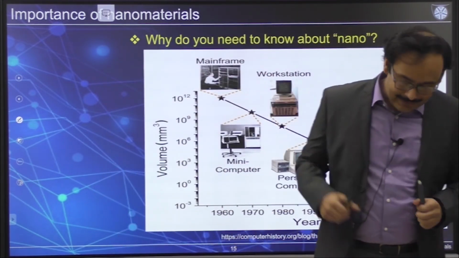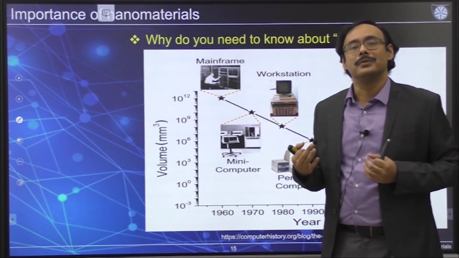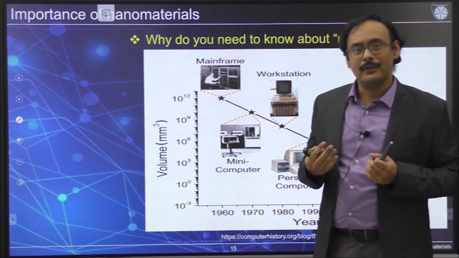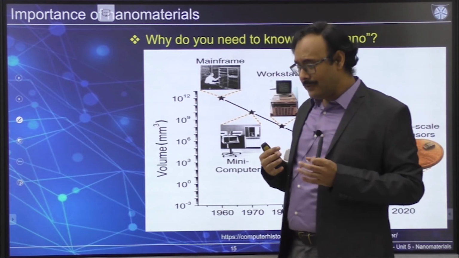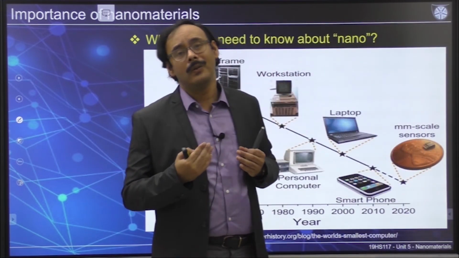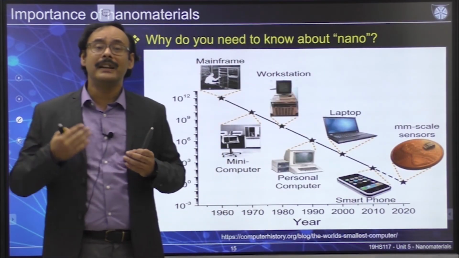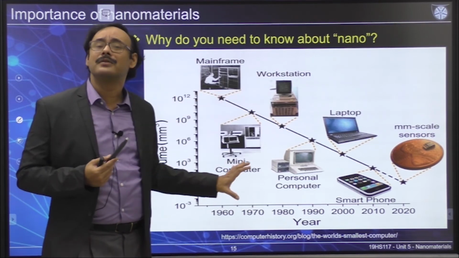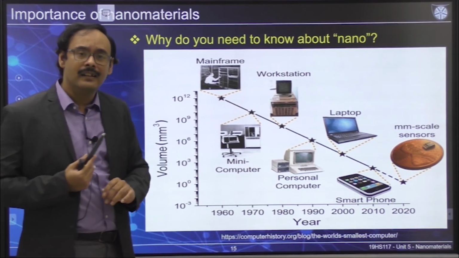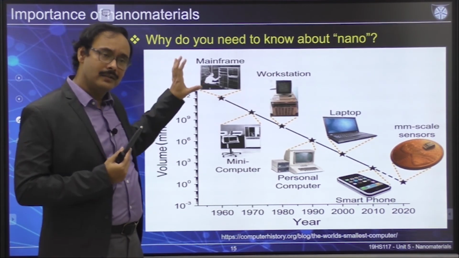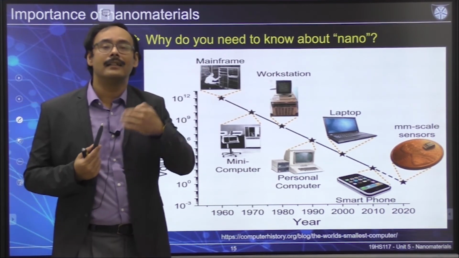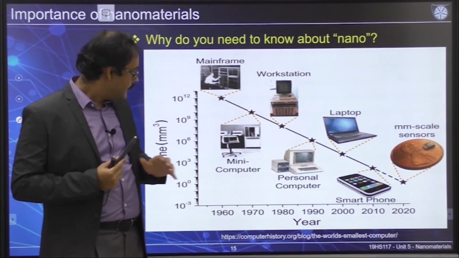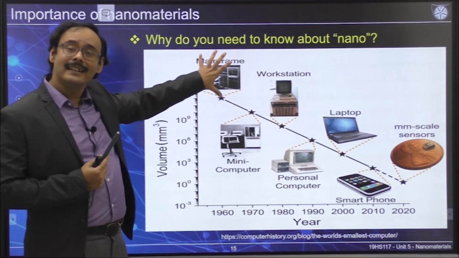In the next few slides, I'm going to give you some examples, a comparison of how nanomaterials are becoming even more important. Let's talk about this one. Because you are engineering students, I wanted to highlight this particular application. This is a 1960 computer.